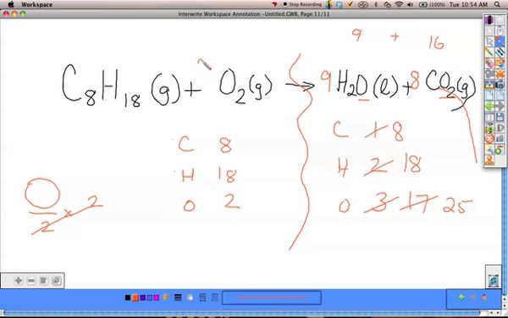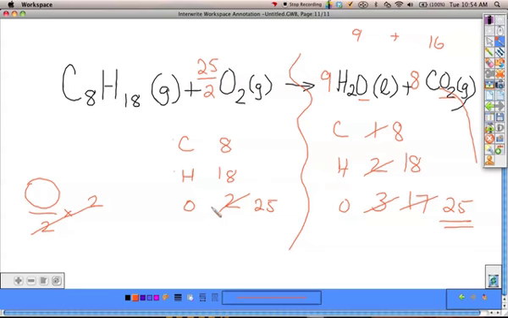So I could do 25 halves multiplied by my O2, and I would get 25. From knowing that I needed 25 because of what's on my product side. So I need 25 because I have 25 over here. So if I have 25 halves multiplied by the 2 in my O2, then I just have 25.